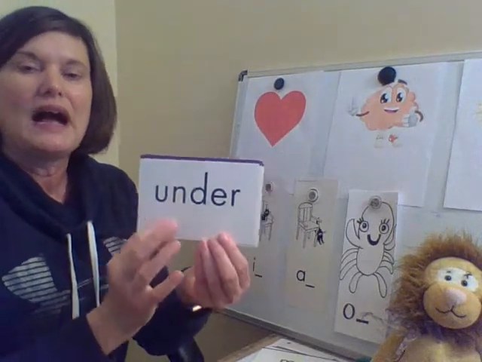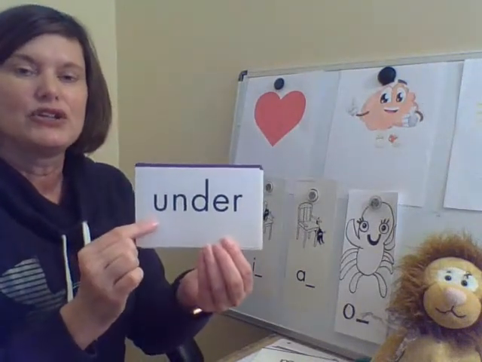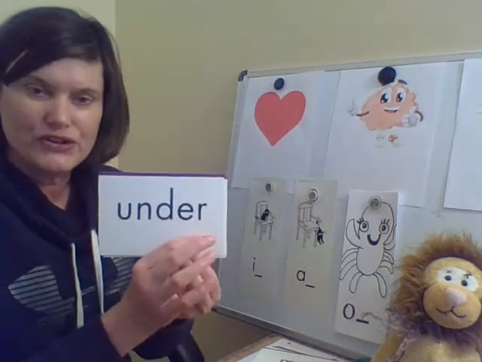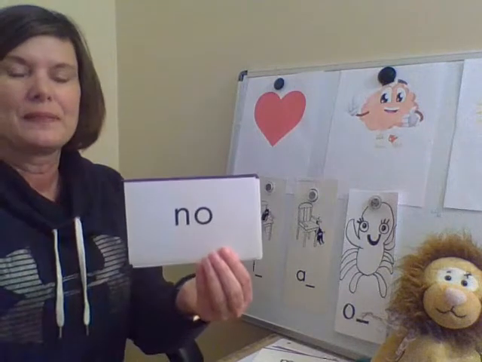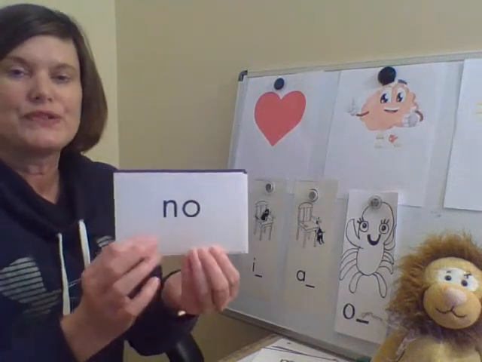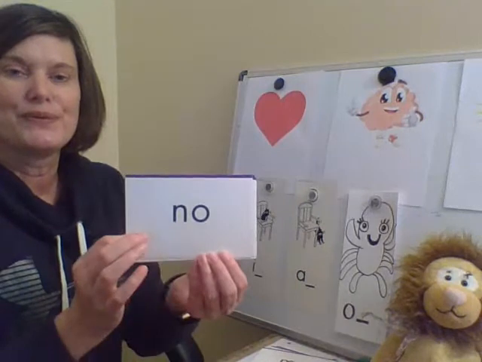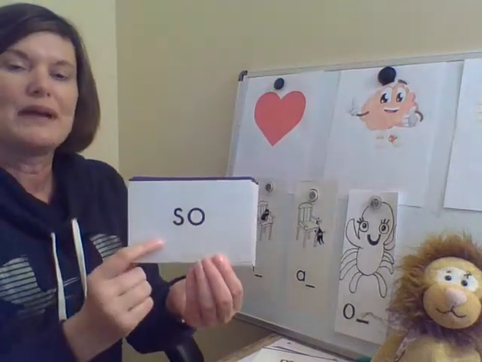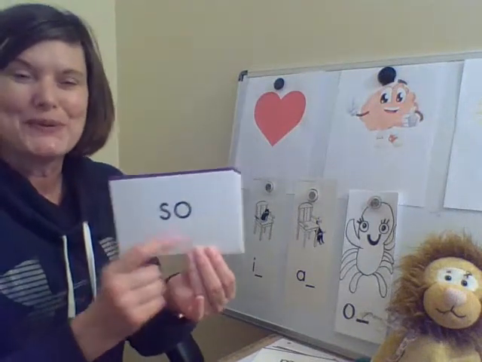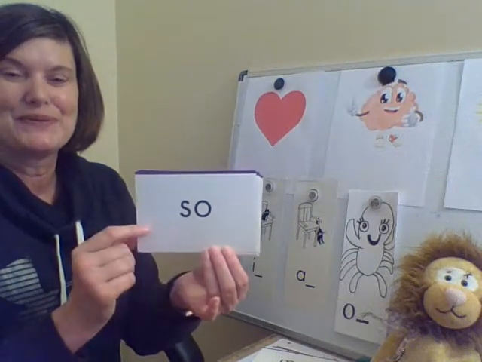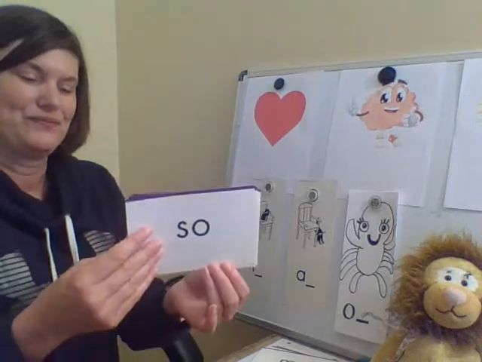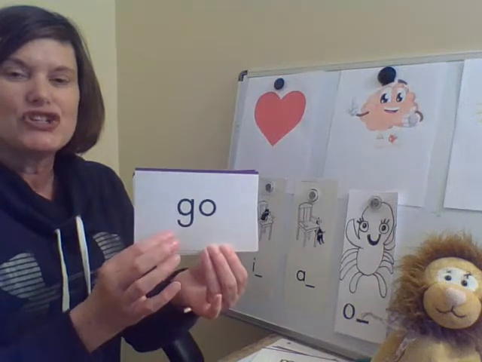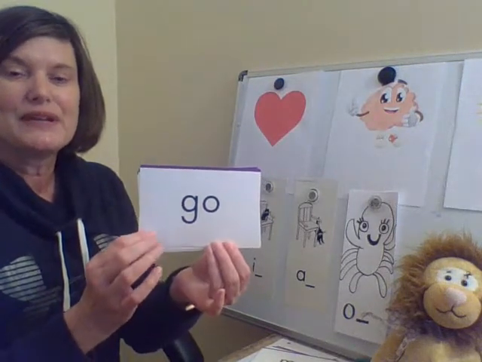Let's read under. Spell U-N-D-E-R. Read under. Fantastic. Read no. Spell N-O. Read no. Read so. Spell S-O. Read so. Good job. Read go. Spell G-O. Read go.